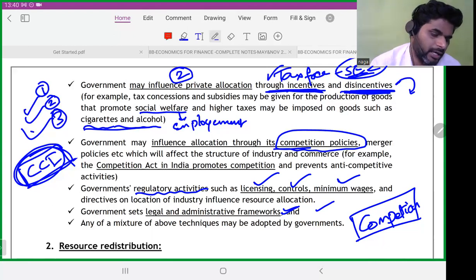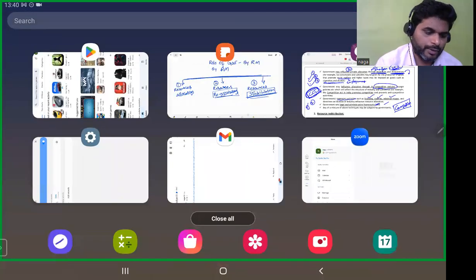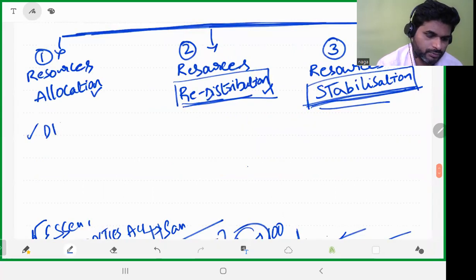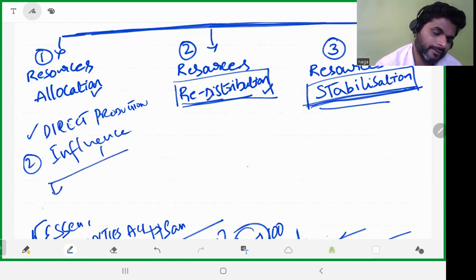To simplify it, one, they can directly produce. Two, let me just put it here. How does government do it? One, direct production. Second, influence.